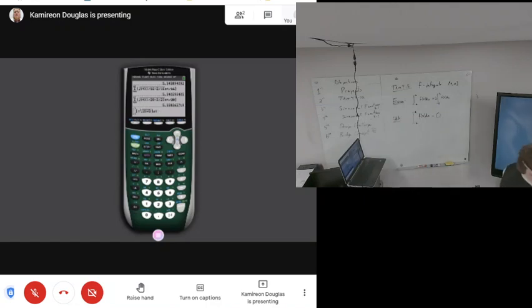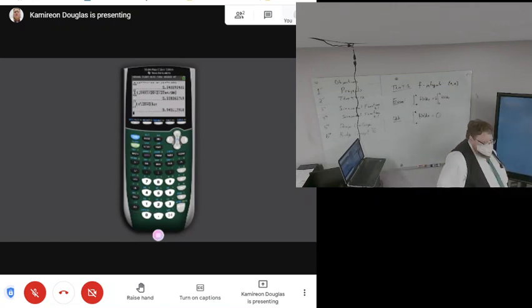You can try to solve this problem by hand, but it's not going to work. This is not easily solvable by hand. There's no good substitution that will work with this. But the calculator does it just fine. 9.945. Man, I did so good, I did it by hand, I did it in my head. You didn't even see me do it. I did it so fast.